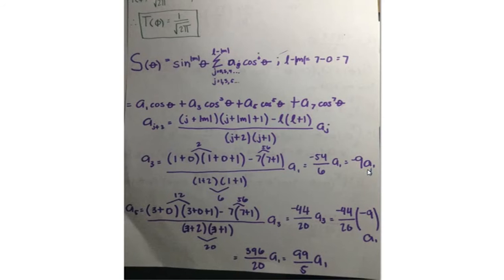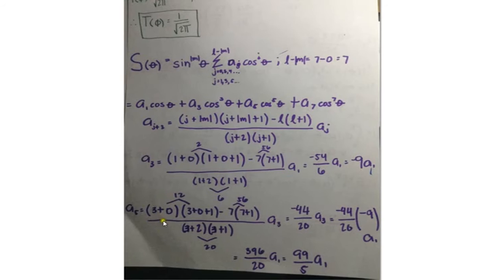Now the problem is for a5, since the j for a5 is 3 and not 1. So what we will do after getting the value of a5, we will substitute the value of a3 that we got earlier, which is negative 9 times a1.